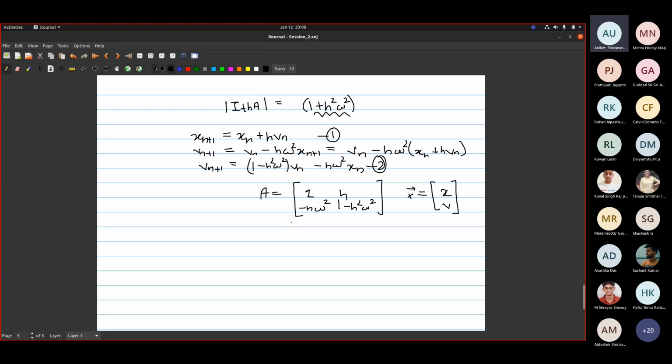If you try to find the determinant of this matrix now, it will come out to be 1. And that is what tells us why our second algorithm works so well, because it is something we call an area preserving method. An area preserving method will always give you better results than a non-area preserving method.